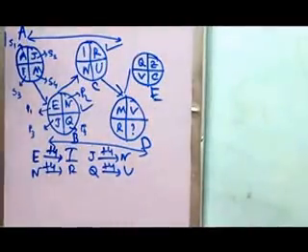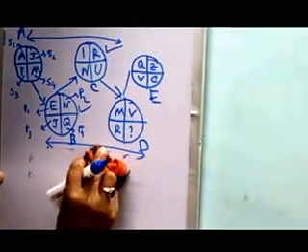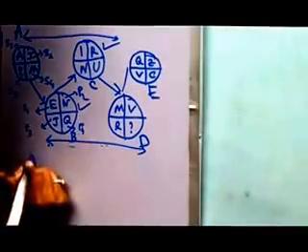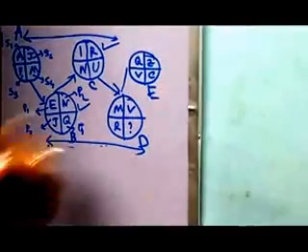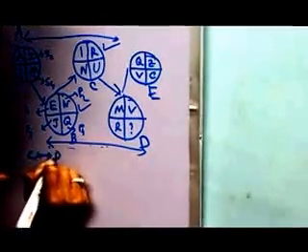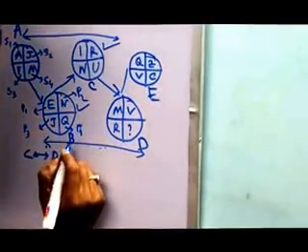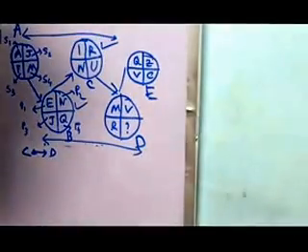Now it's the case between C and D. For circles C and D, the same logic is implemented here also.